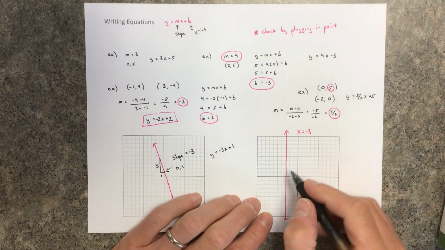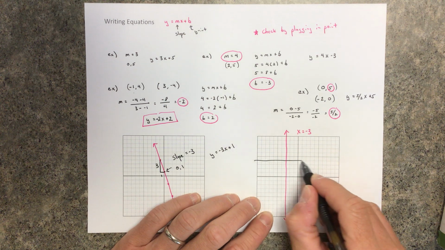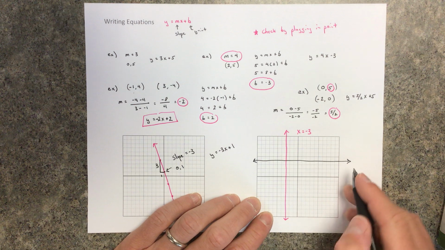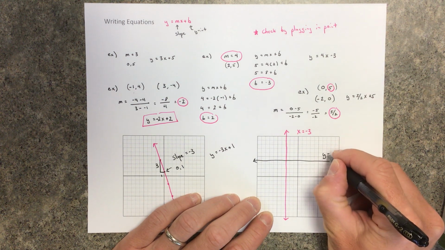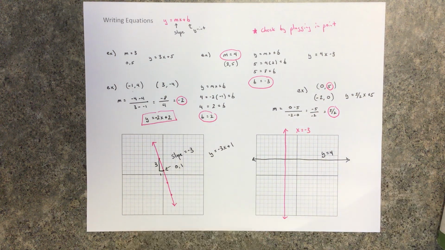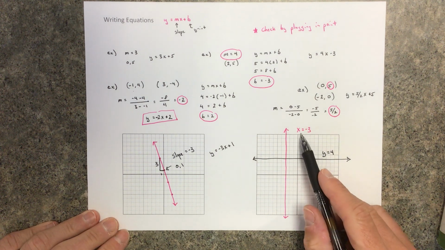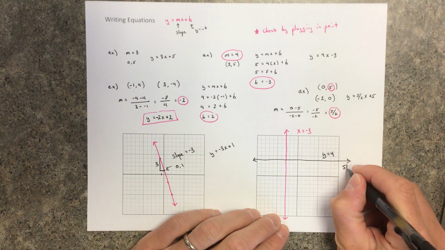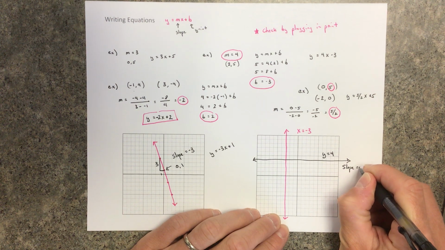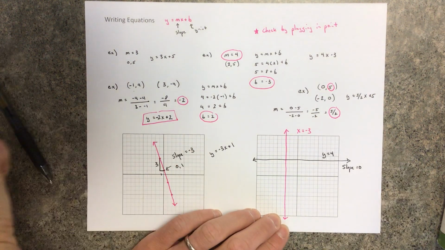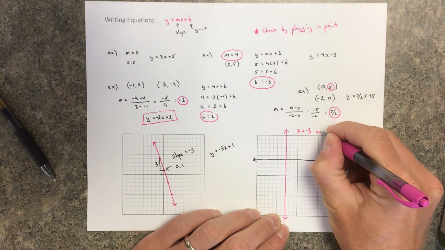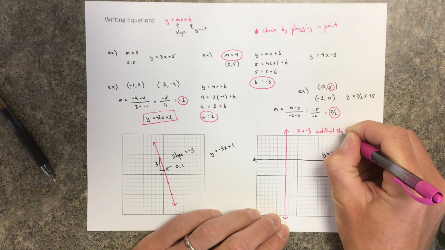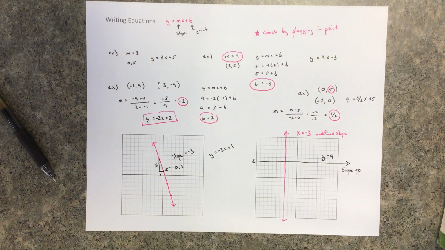And then this black one, this horizontal line, every point on that line has a y value of 4, so the equation should make sense that it's y equals 4. Vertical lines look like x equals, horizontal lines look like y equals, and as a reminder, this guy has a slope of 0. This guy has an undefined slope, or actually an infinite slope. I wouldn't mark that wrong either.